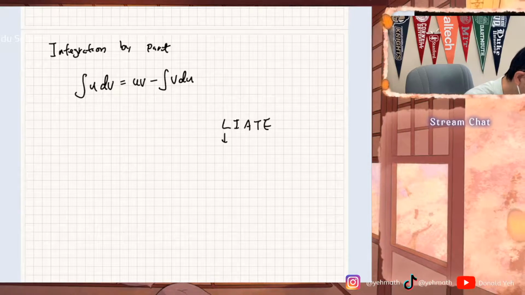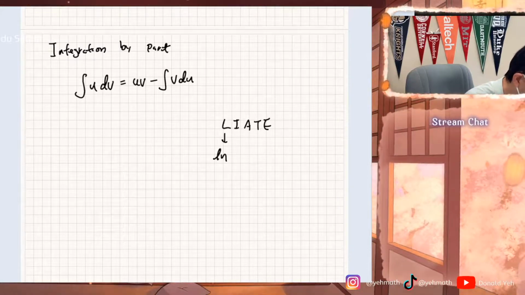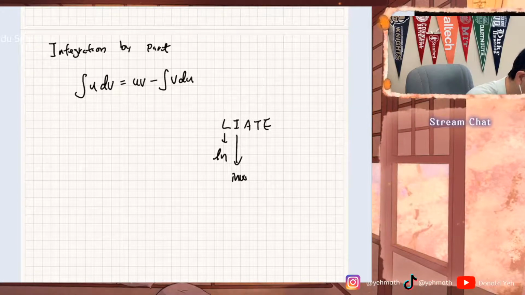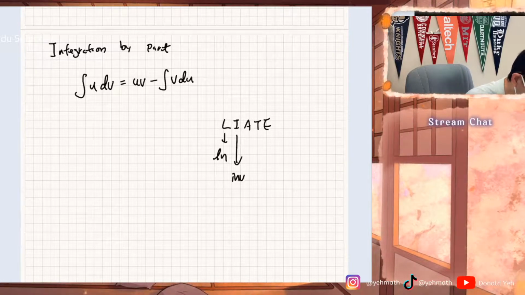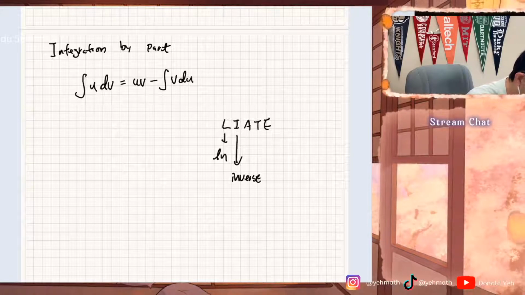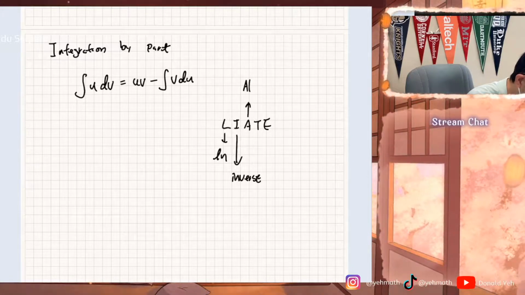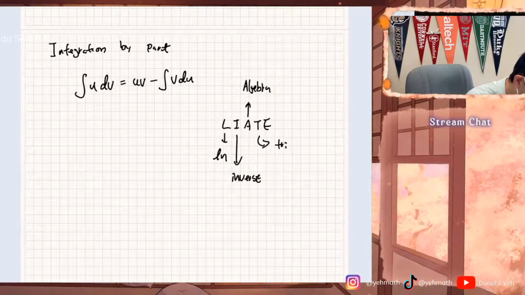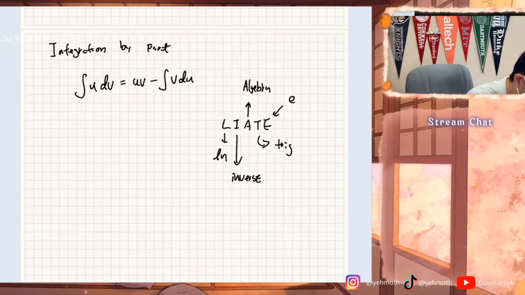L stands for natural log. I stands for inverse functions. A stands for algebraic. T stands for trig. E stands for e to the x.